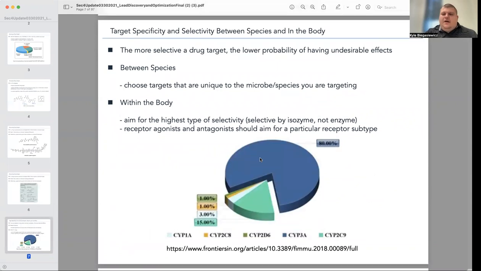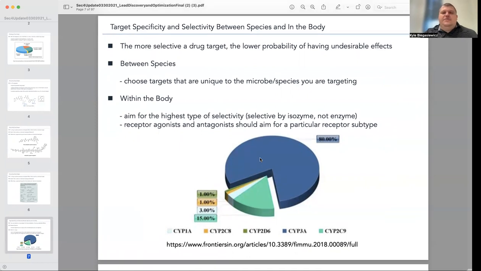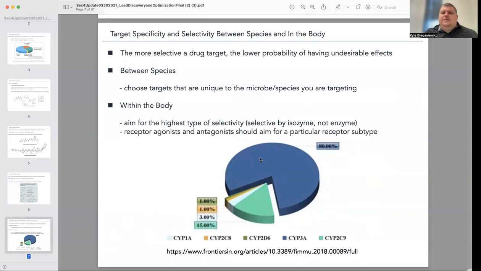Slide 7, I would know that most. I think what I would take most from this is that we do want to aim for more selective targets, or more selective drugs for targets, as we pursue drug development. That's one of the main overarching goals.